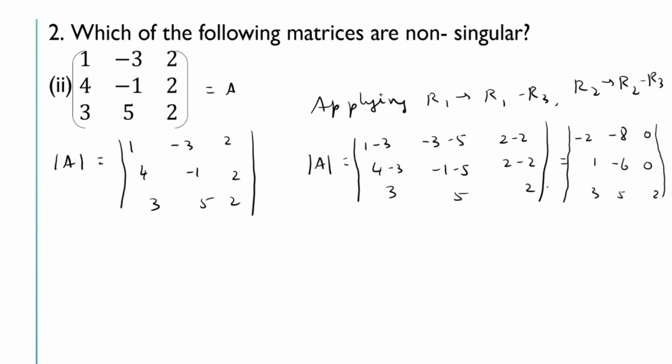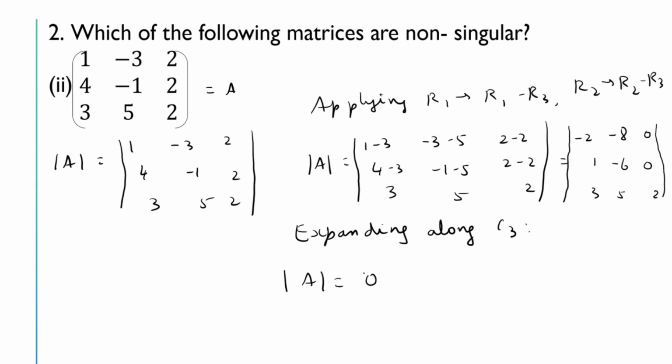So let us expand along C3. Expanding along C3, we get determinant of A is equal to, here we will have 0 into this determinant, so it is 0, minus 0 into the determinant of minus 2, minus 8, 3, 5, again it is 0, plus 2 into this determinant.